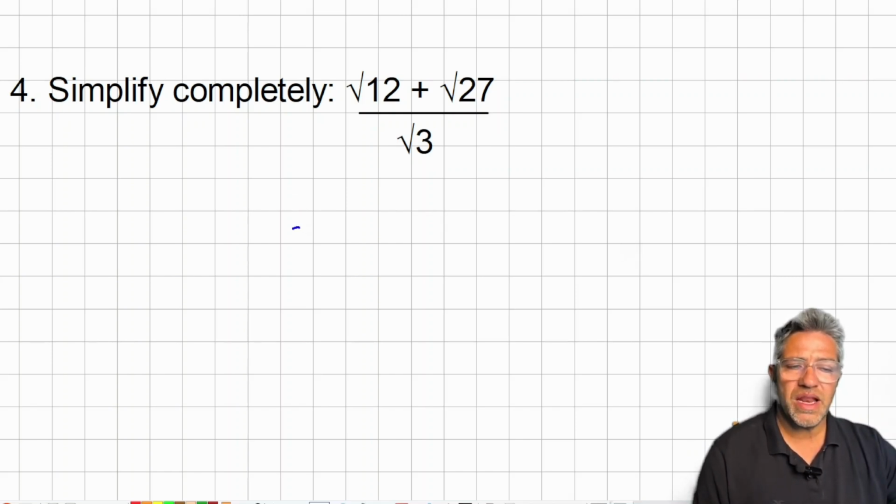So let's just take the numerator. Root 12 does have a square factor. It's root 4. And to get back to root 12 would be root 4 times root 3. Plus, well, 27 also has a square factor. It's root 9.